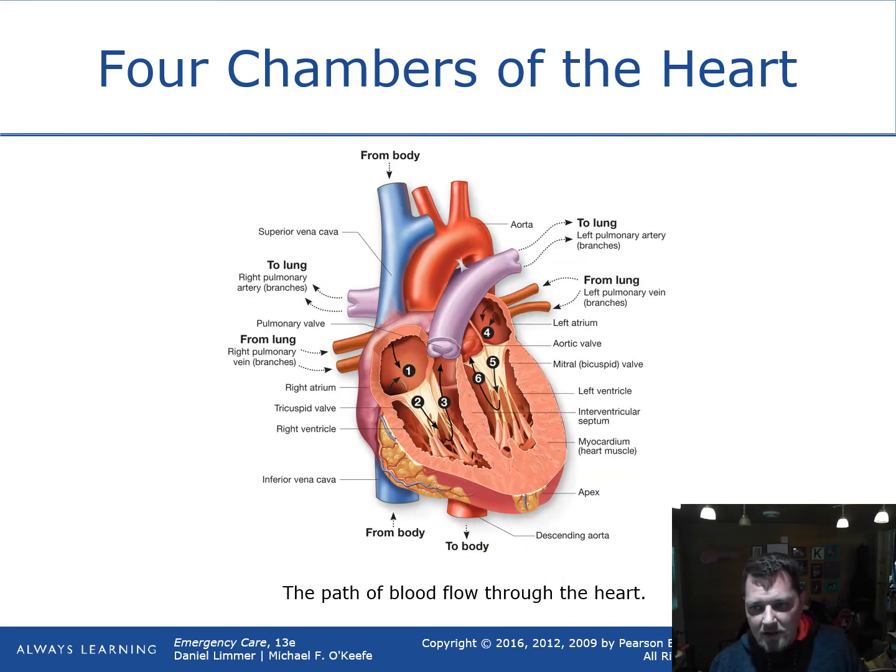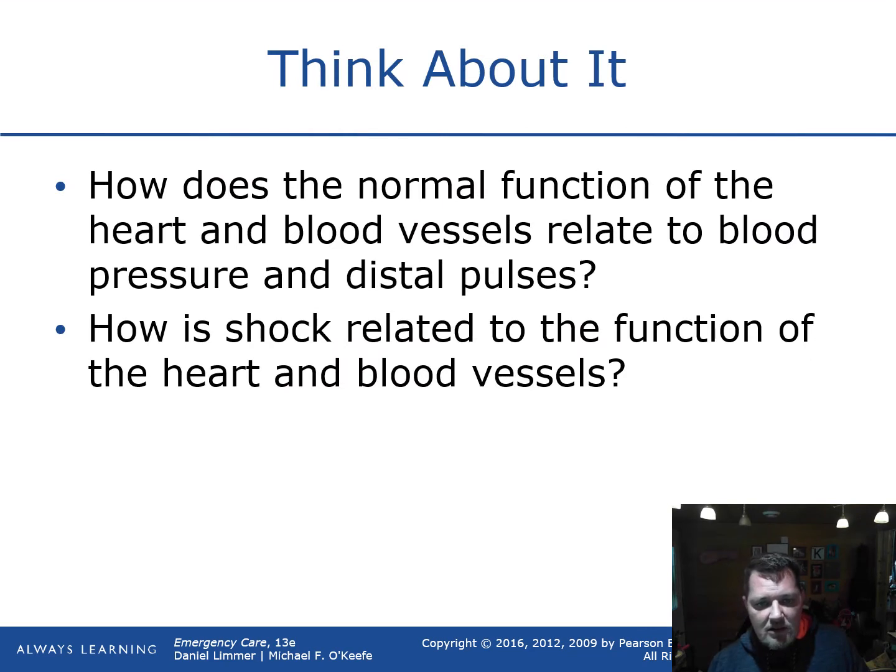Okay, so we talked about this. So how does the normal function of the heart and blood vessels relate to blood pressure and distal pulses? We talked about it. You've got to have an electrical system to create that pulse. You've got to have enough blood to get down there to say, hey, my pulse is bad down here. I need some more blood.